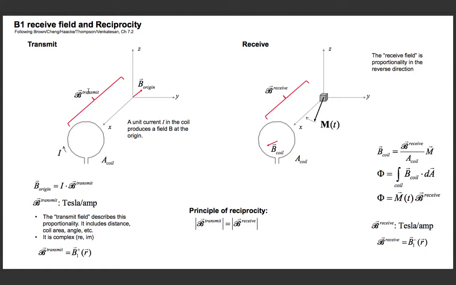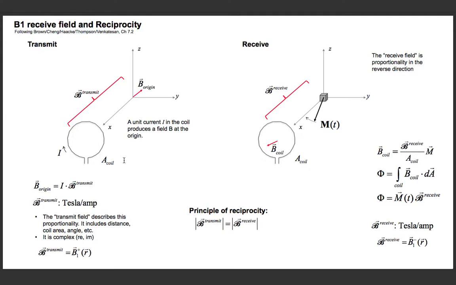So this transmit field, this beta transmit scaling factor, encapsulates all the things about the strength and phase of the B field relative to this current here. So it includes things like the coil area. It includes things like the distance. So obviously, if you're further away, then that beta transmit is smaller.